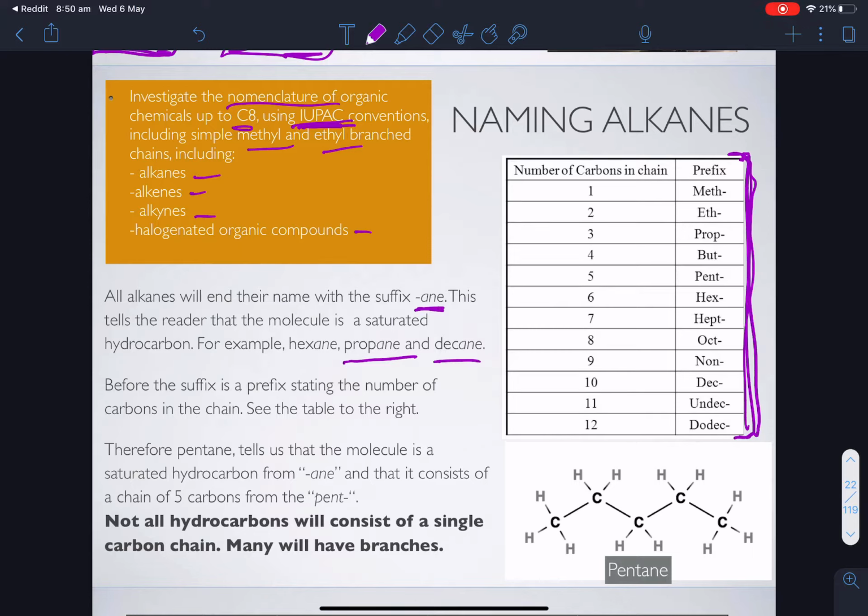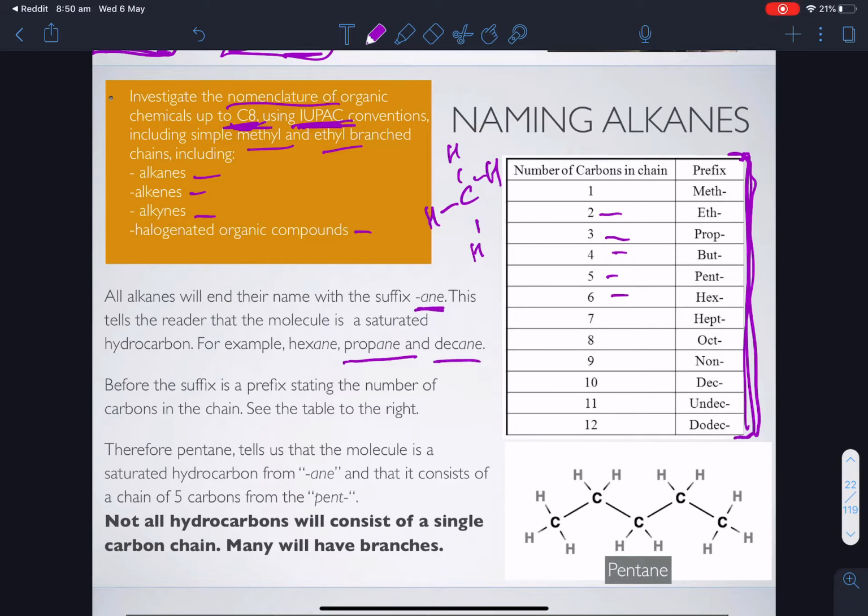So methane, one carbon, four hydrogens. Ethane is an alkane with two carbons. Propane, three. Butane, four carbons in a chain. Pentane, five. Hexane, six. Heptane, octane, nonane, decane, undecane, dodecane.